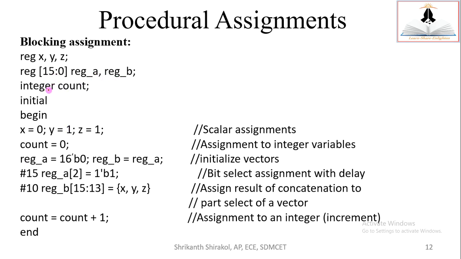Count is of integer type, and we are initializing them. Here X is initialized to 0, Y is initialized to 1, Z is initialized to 1. There is no time mentioned here, so these initializations happen at 0 simulation time.